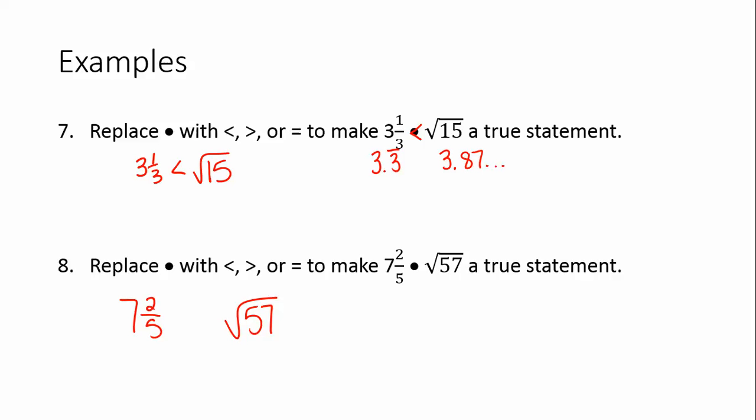So 7 2/5 is the same as 7.4. I know that 2/5 is the same as 4/10, so that's 7.4. And the square root of 57 is 7.54 dot, dot, dot. So that's enough information for me to understand that 7 2/5 is less than the square root of 57.